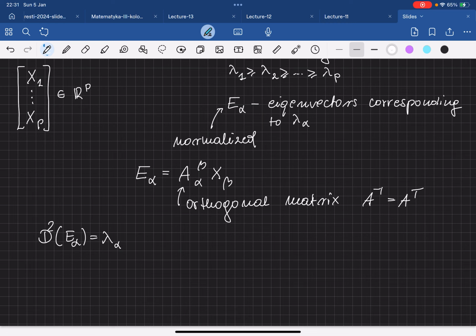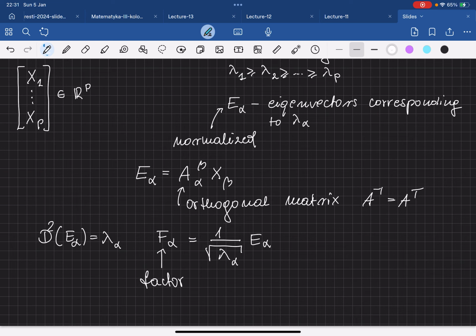So on the diagonal we have variances of variables. Therefore, we define our factors, F alpha. This is a candidate for a factor: E alpha divided by the square root of the appropriate lambda alpha. And now those factors are uncorrelated and they are normalized in the sense that they have variance equal to 1.